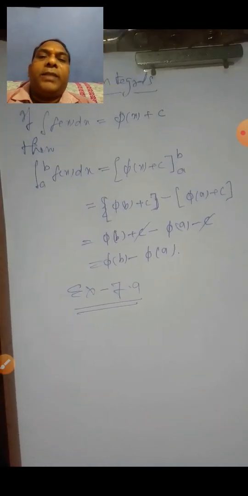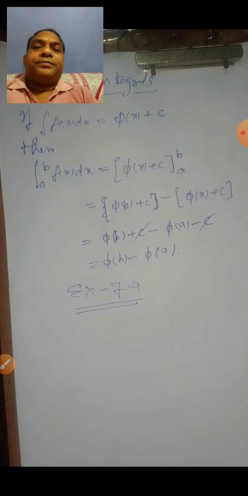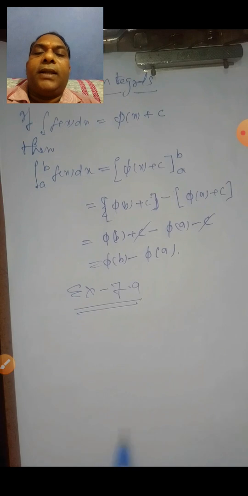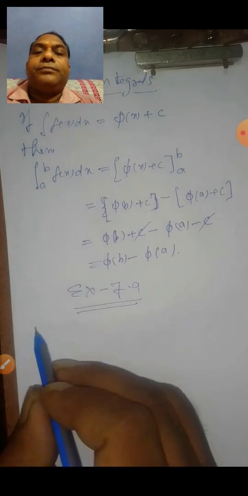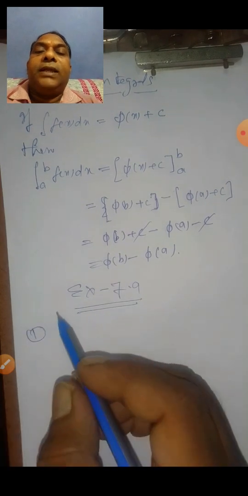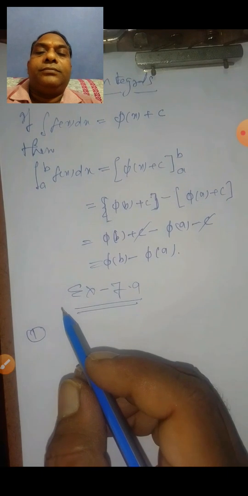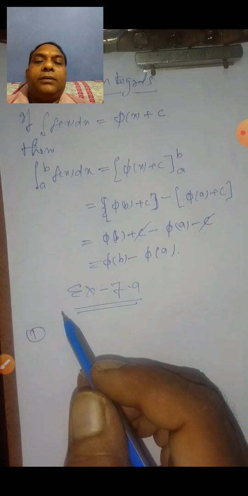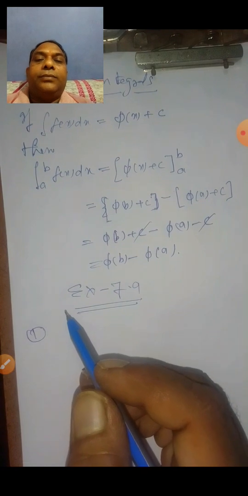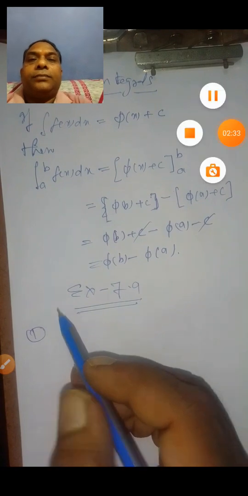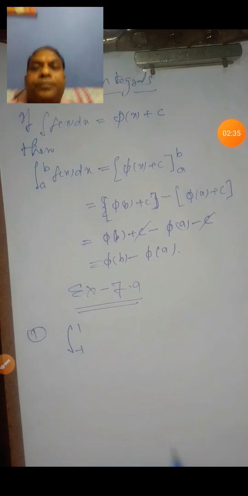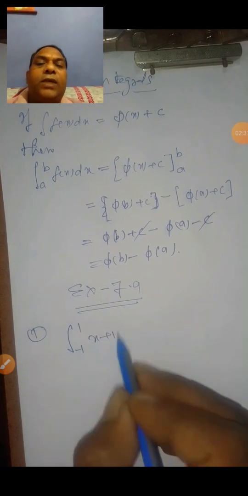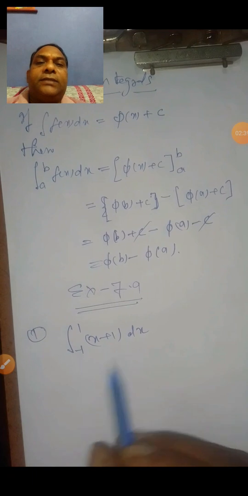Now open exercise 7.9. In 7.9, question number 1. Integration minus 1 to 1 (x plus 1) dx.